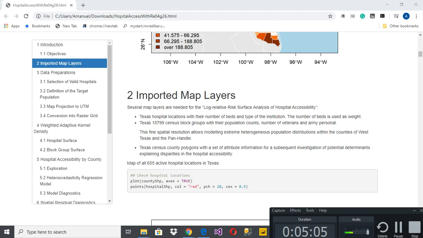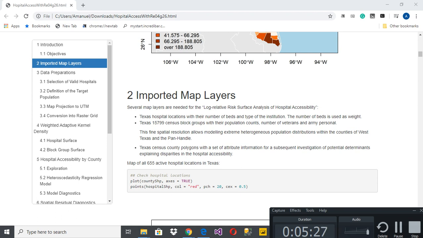So the important map layers for this project are Texas hospital locations with their number of beds and type of institutions, general, army, or specialized types of hospitals. The number of beds is used as weight.